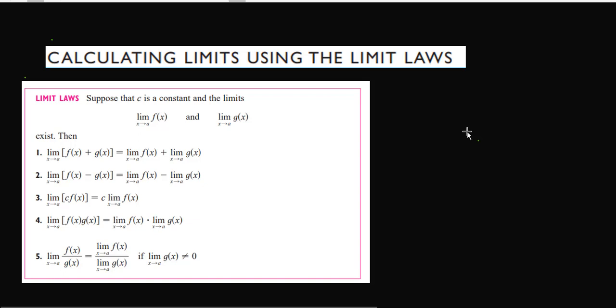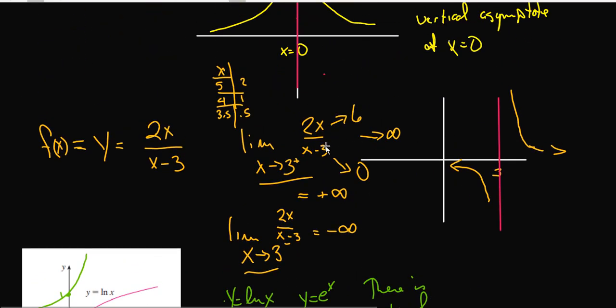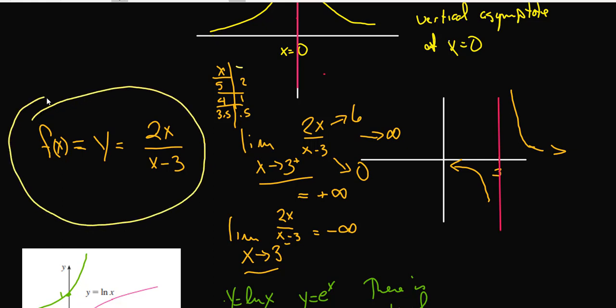Okay, so we said that we'd like to do limits a little bit more methodically. In other words, back here we tried to do this limit, this limit as x goes to 3 from above or 3 from below.